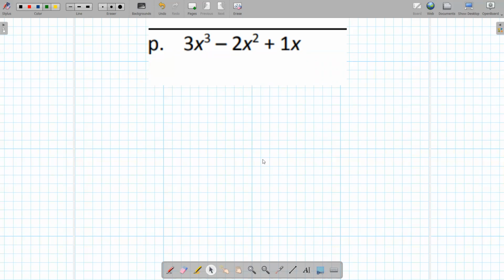Just one? No, x. Oh, right, they all have an x. If you pull out an x, what are you left with? 3x to the power of 2 minus 2x plus 1. Okay. And you're done for this one anyways.